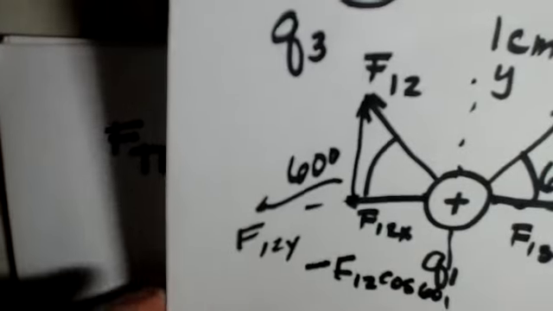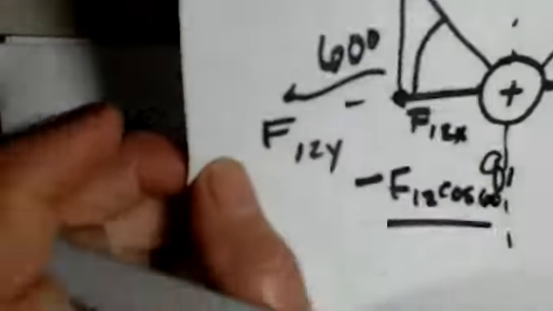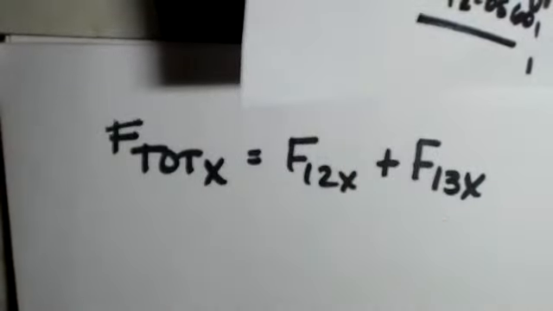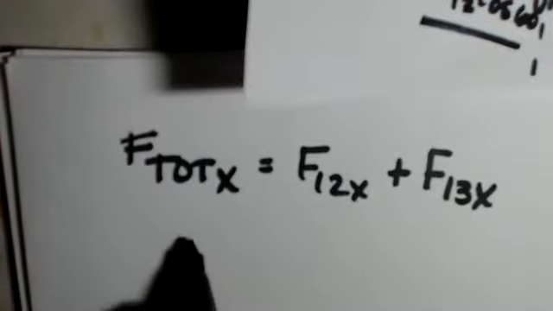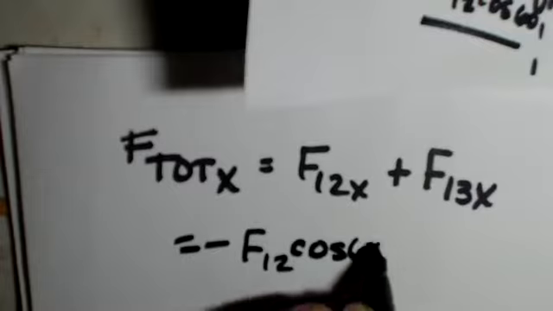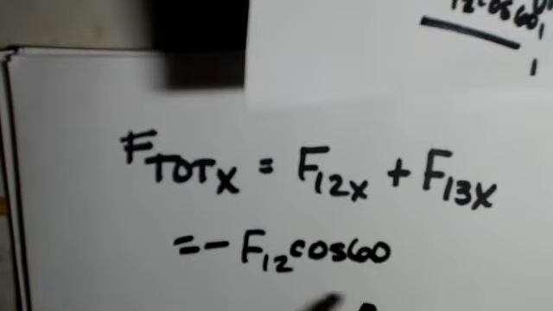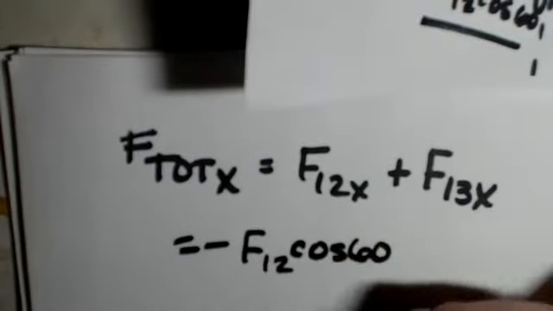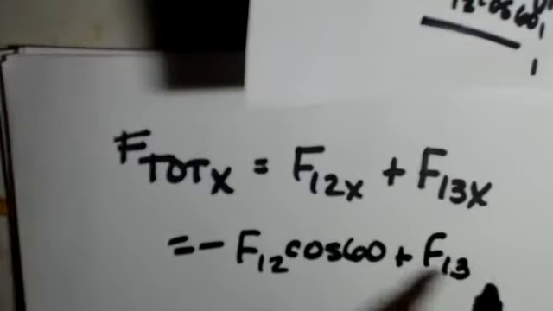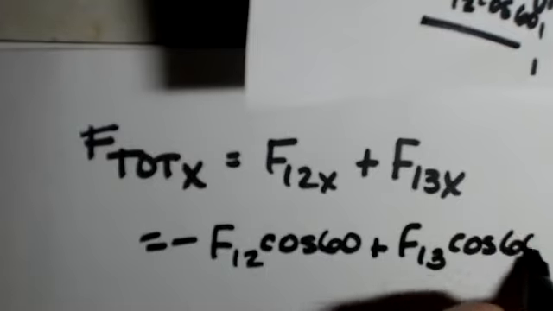If you don't remember how to do that, you need to go back and review your stuff from physics 1, because I'm not going to spend time doing that. You should have learned that in physics 1 class. But if you don't remember, go back to the beginning of your book and look at that stuff. So F12X is minus F12 cosine 60. I'm going to do the same thing with F13X, but it's to the right, so it's positive. So I've got plus F13 cosine 60.